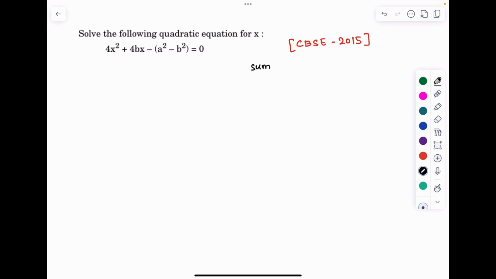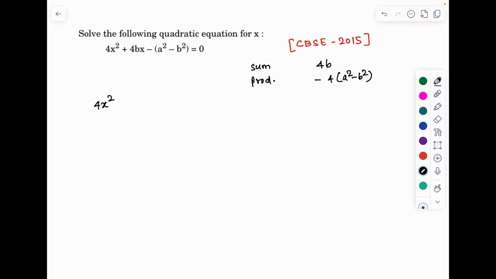Here also you have to think the product sum will be 4b, product will be minus 4 times a square minus b square.